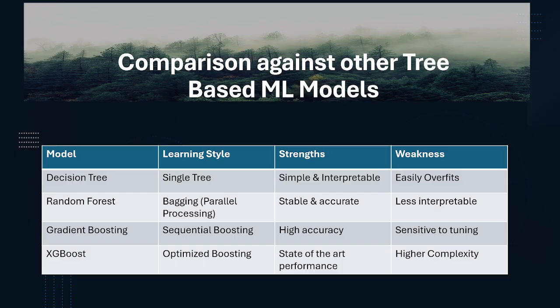XGBoost enhances this boosting approach through optimization techniques such as regularization and efficient computation, often achieving the highest predictive performance. A good mental model comparison is that decision trees learn once, random forest learns together, gradient boosting learns from mistakes, and XGBoost learns efficiently from mistakes.